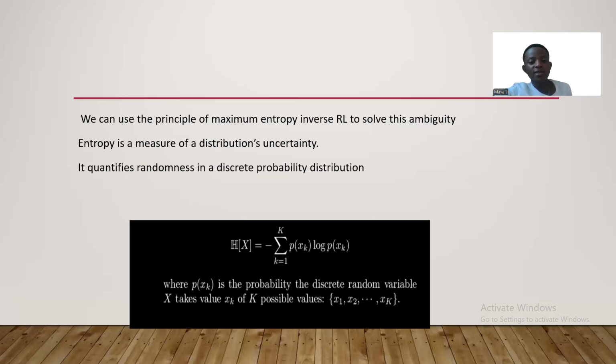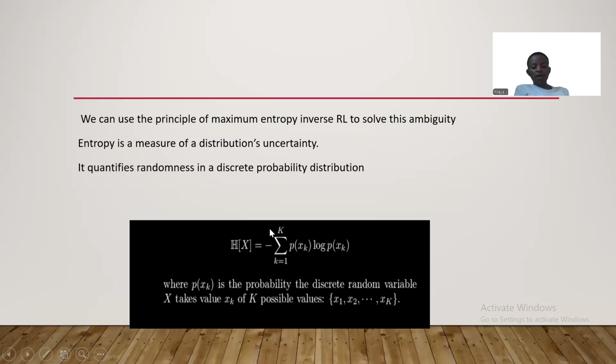So when we maximize it, it helps us resolve this ambiguity and find the reward function. Entropy is defined here, and this is the equation for entropy.